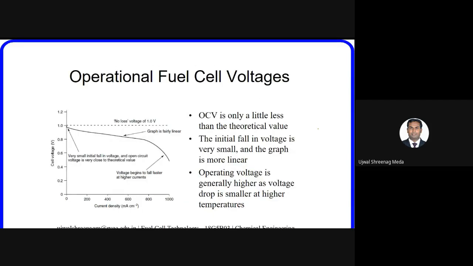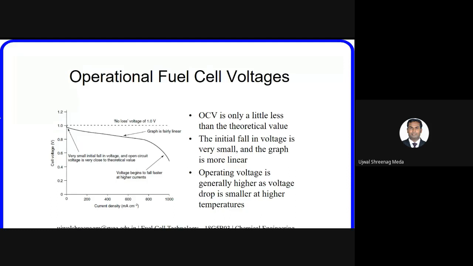Now let us look at another IV curve obtained by operating a fuel cell at a higher temperature. So here this is an example of a fuel cell which is operated above 600 degrees centigrade, close to 800 degrees centigrade.